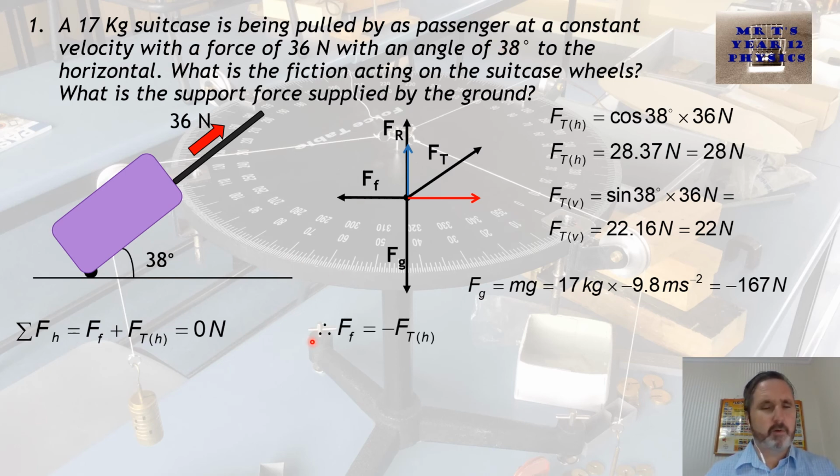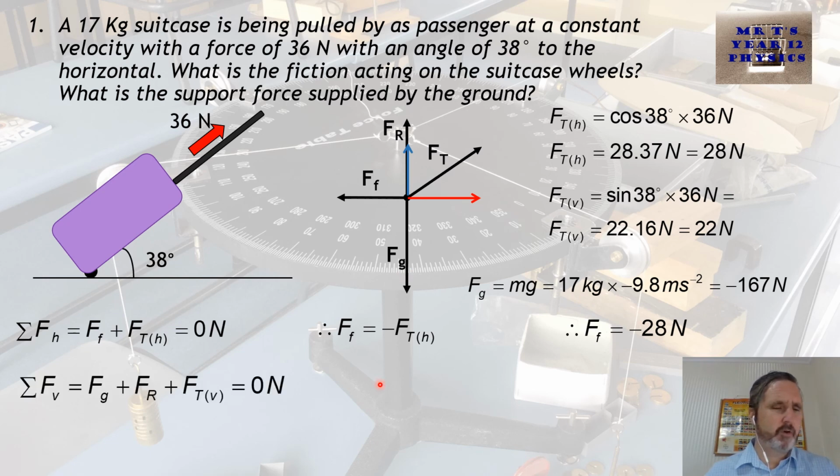Therefore, when we rearrange this, the friction force must equal the negative of the tension force. If the horizontal tension force is 28, then the friction force is negative 28. In this situation, I'm using negatives to denote horizontal left and negatives to denote downwards for our vertical. So let's have a look at our vertical.